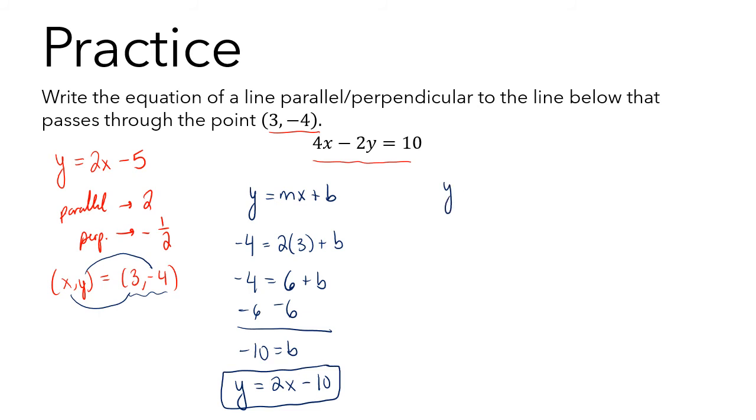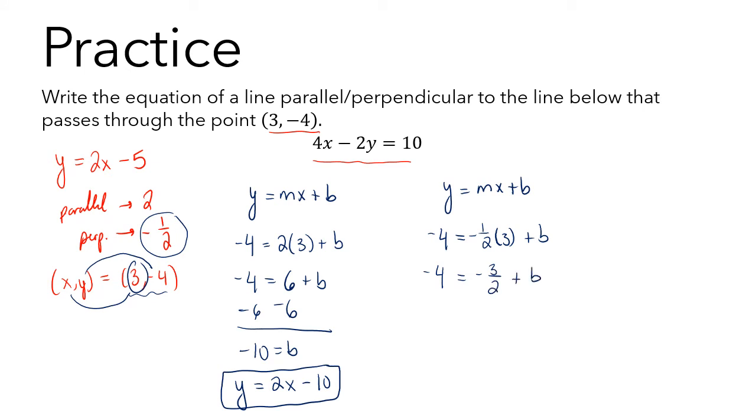Let's do it one more time, and this time for perpendicular. Y equals mx plus b. My y again is negative 4. My m this time is the perpendicular slope, so negative 1/2. Then x is 3, and I'm going to solve for b. So this becomes negative 4 equals negative 3 over 2 plus b.